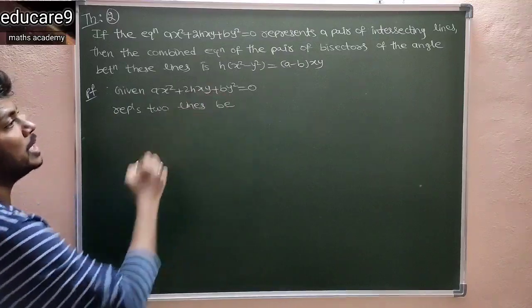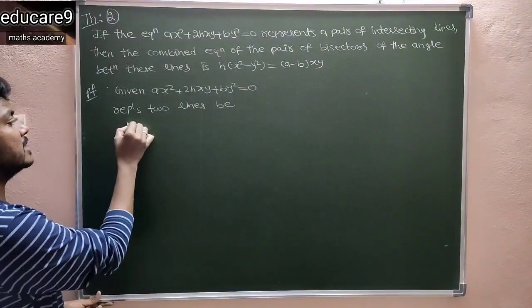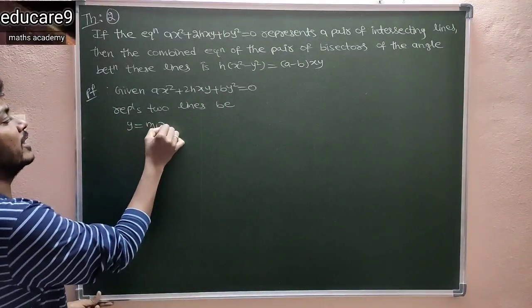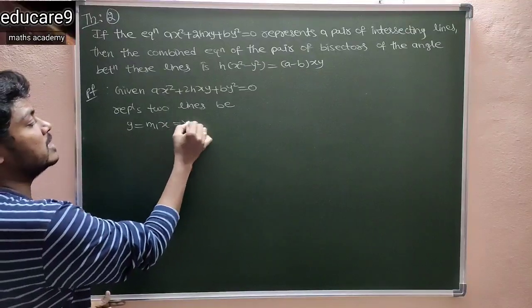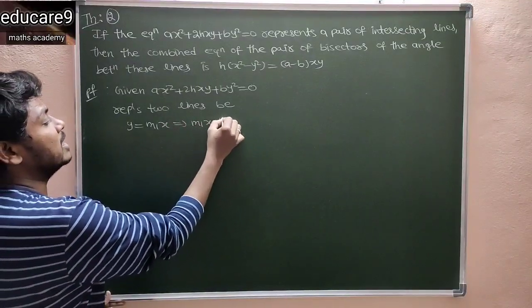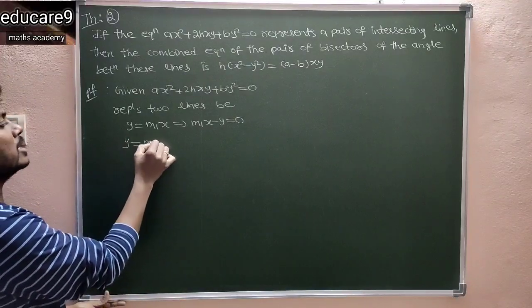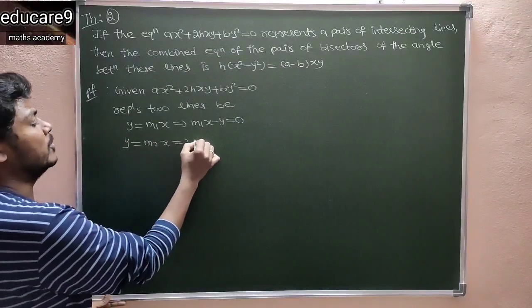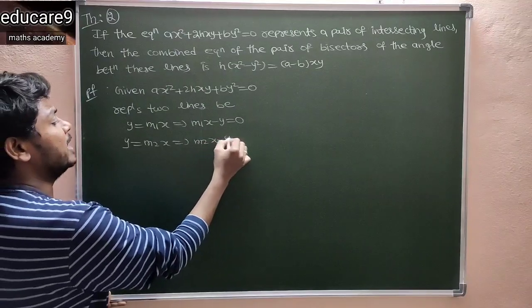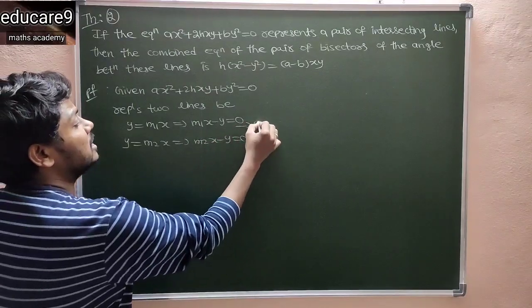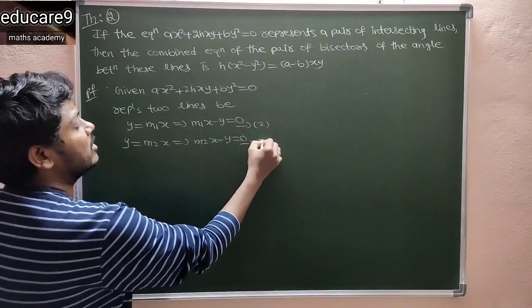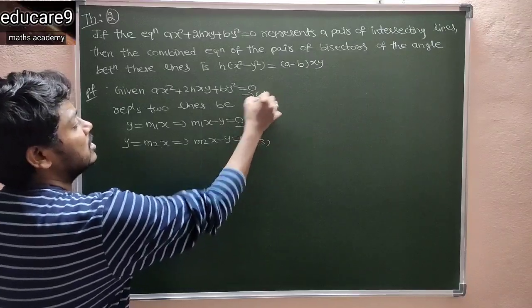One is y equals m1x, from this m1x minus y equals 0. The next one, y equals m2x, from this m2x minus y equals 0. This is equation 2 and this is equation 3. So this is equation 1.